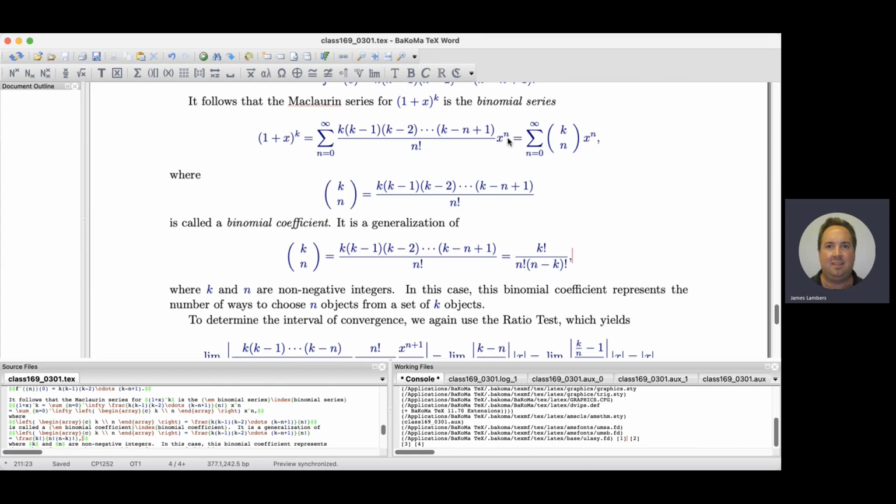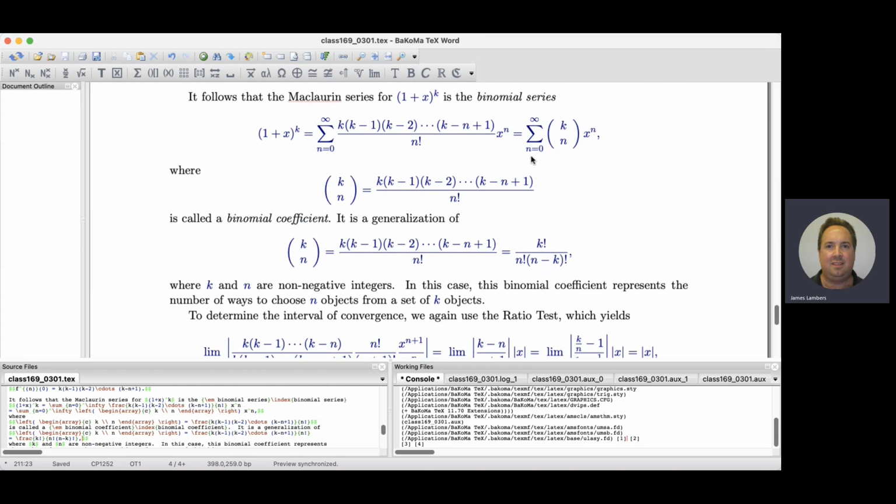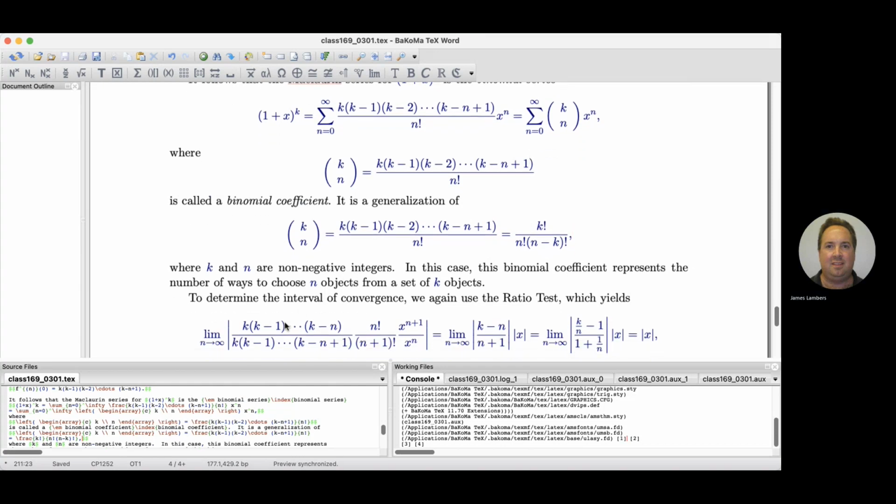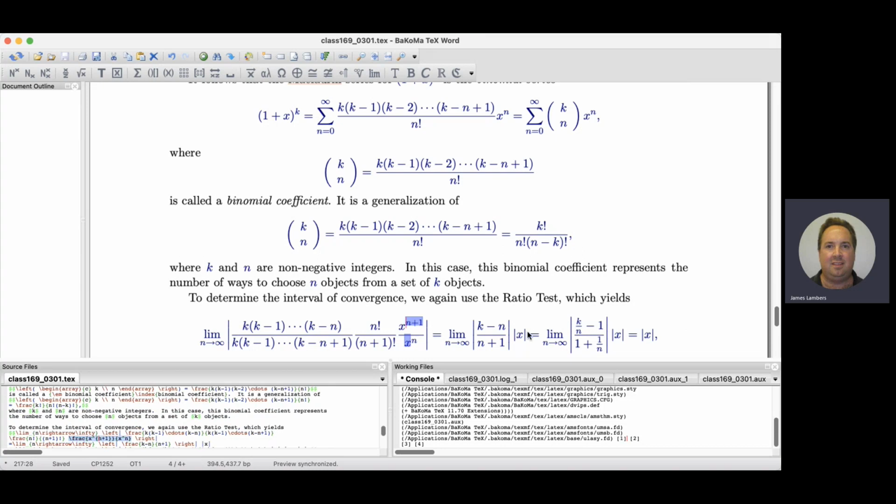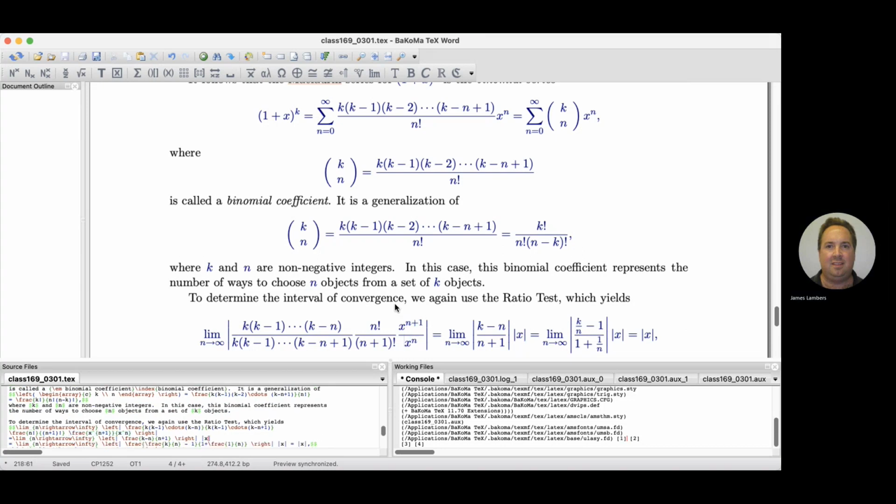So now that we have our series, we need to find the radius of convergence. So we use a ratio test, taking the n plus first term divided by the nth term and rearranging. So this fraction here simplifies to the absolute value of x.